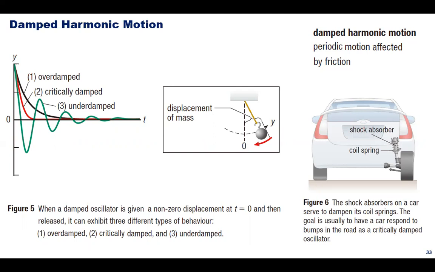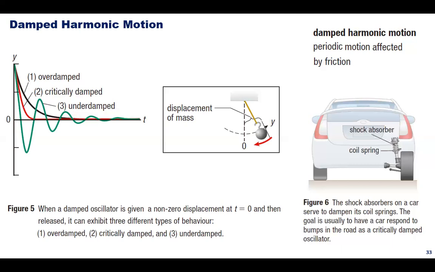Presence of friction means that the mechanical energy of the system will be transformed into thermal energy, and the system's motion will not continue perpetually. We can classify damped motion into 3 broad categories, which are underdamped, overdamped, and critically damped, which are shown here in this figure on the left.